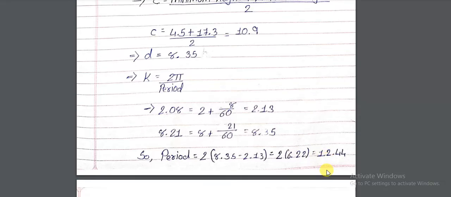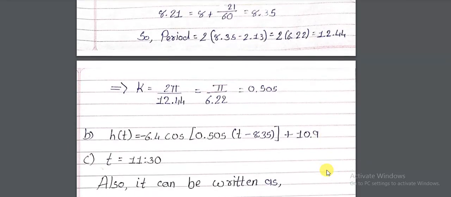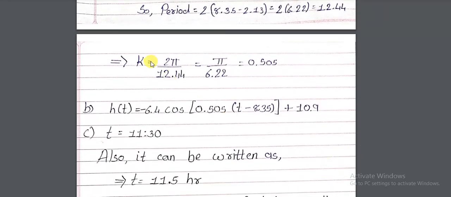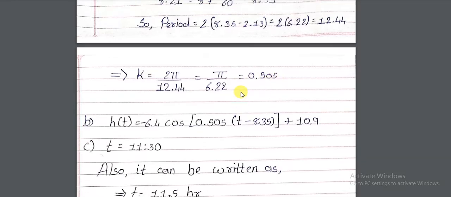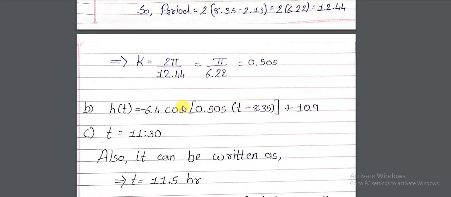Now substituting the period in the formula for k, we get k equal to 0.505. Now we know the values of a, k, d and c, so we can substitute all these values in the trigonometric equation. We get h(t) = -6.4 cos(0.505(t - 8.35)) + 10.9.